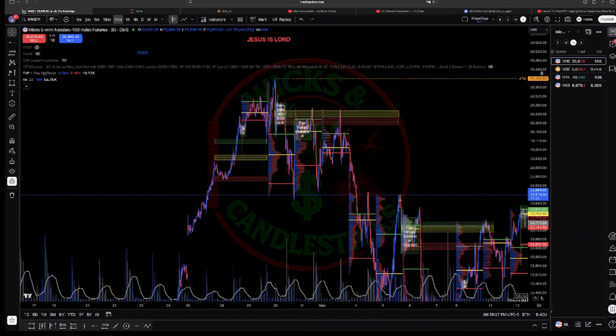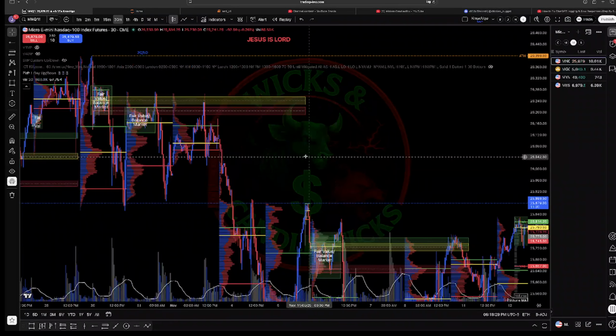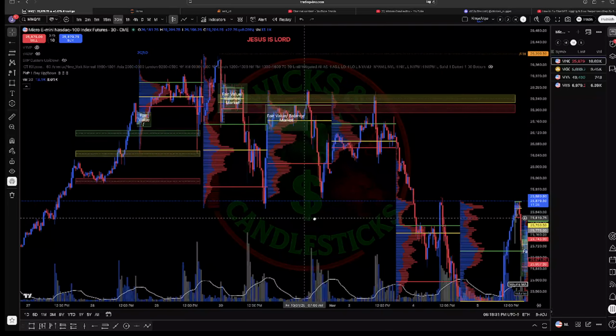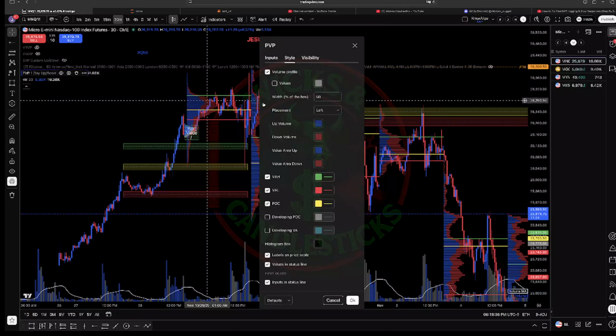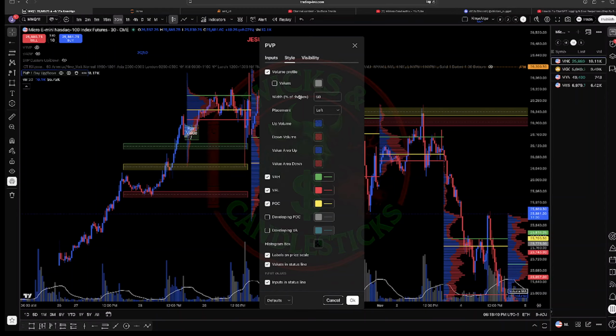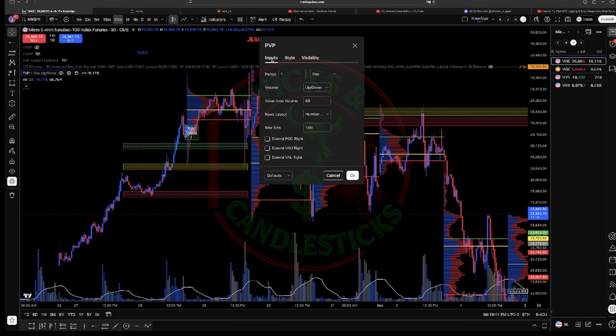Okay. So I always start off with the previous session, and with the previous session, I'll open that up so you can see my settings here. I got 50 for this one here, and of course the same thing in my inputs. I have 68, and my row size I have 100 here.